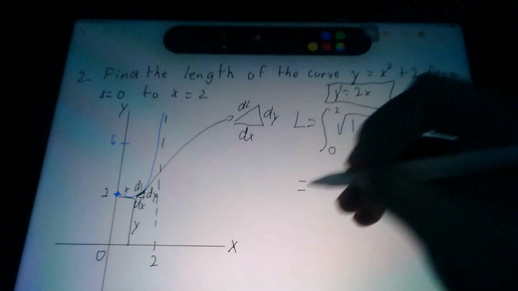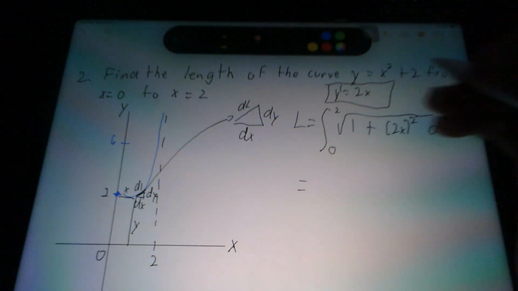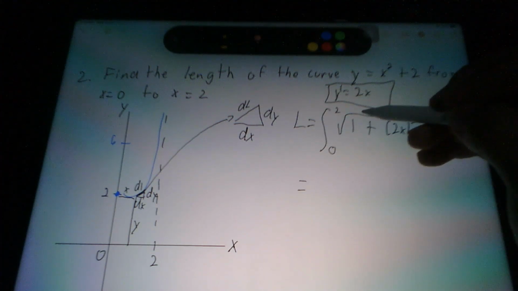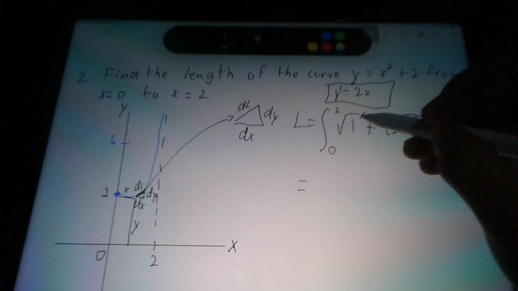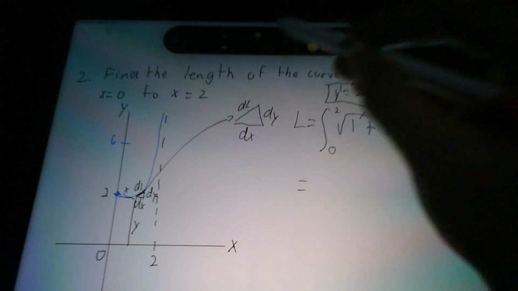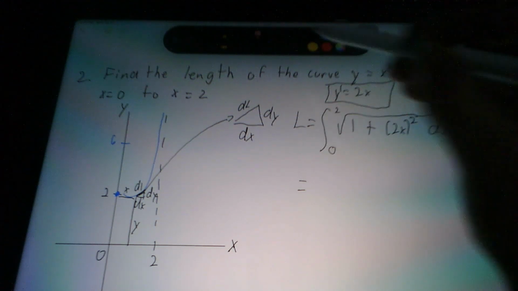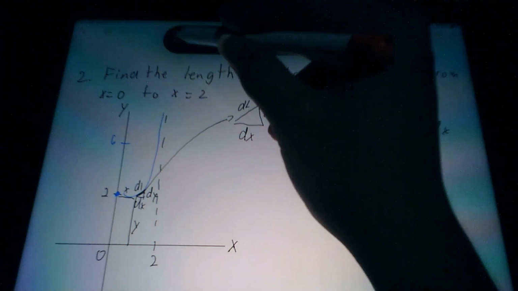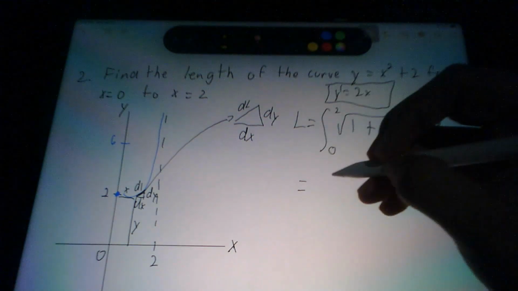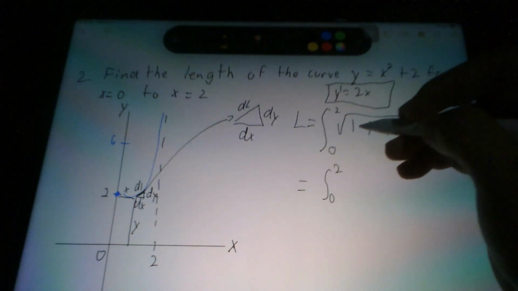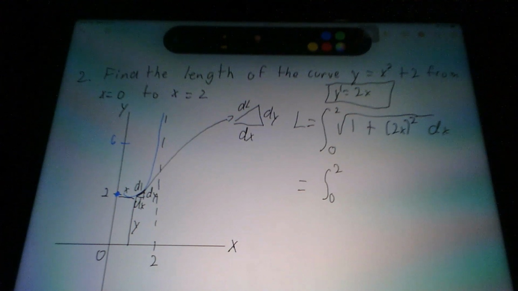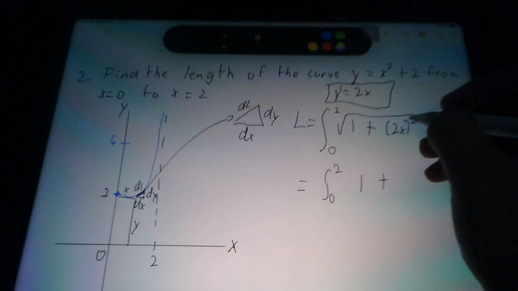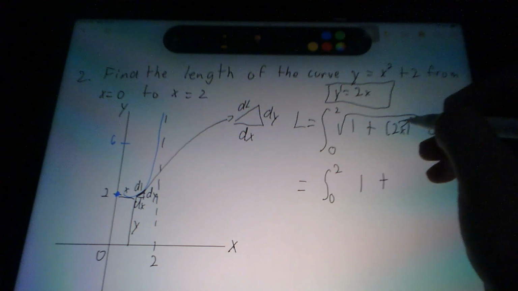Now we are ready to integrate this problem. First we need to take the square root of our equation. So from limits 0 to 2, the integral of the square root of 1 plus, if we distribute this here, that is 4x squared.